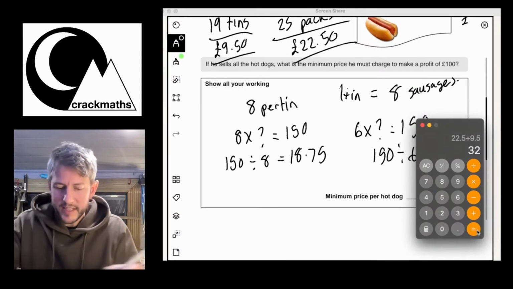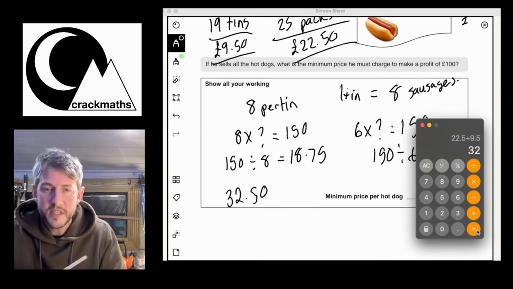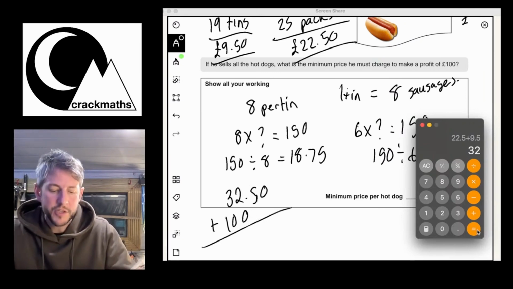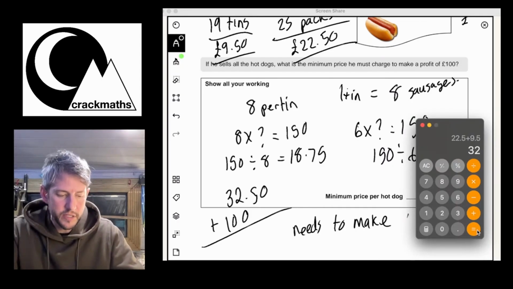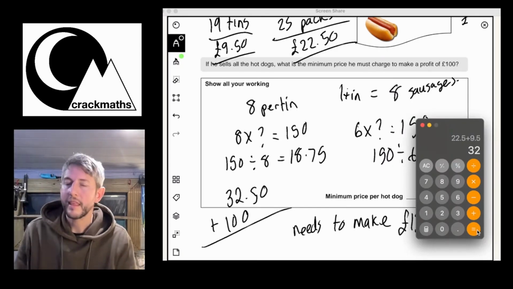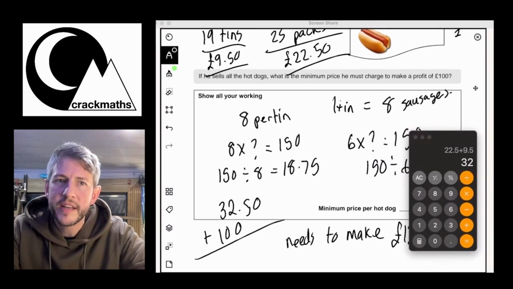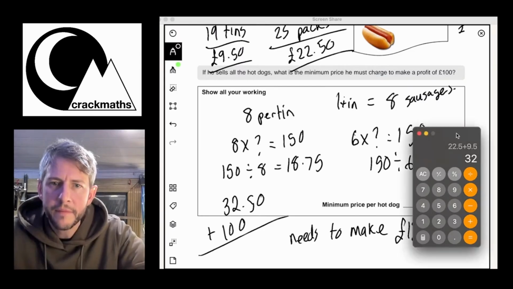If her spend was £32 and she wants to make £100, we've got to add £100 to this, and we'll see that she needs to make £132.50. So that's how much money she needs to make.